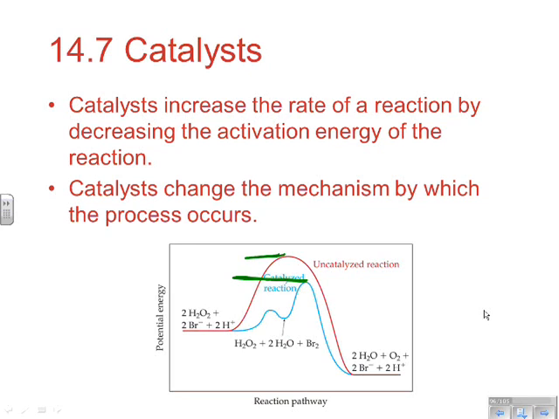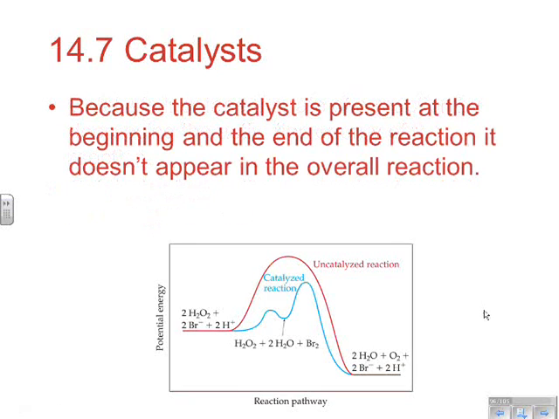So the catalyst changes the mechanism by which the process was occurring. It gives you an alternate pathway that the catalyst is involved with. Remember, it's there at the beginning, it's there at the end, but in the middle it's doing things. It's creating a low energy pathway that gives us successful collisions that wouldn't have been successful before.